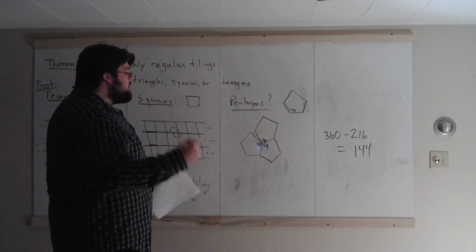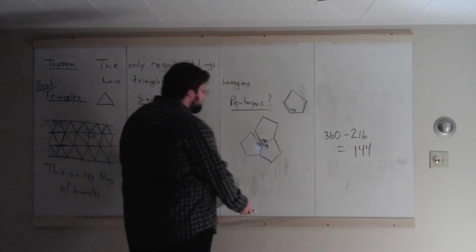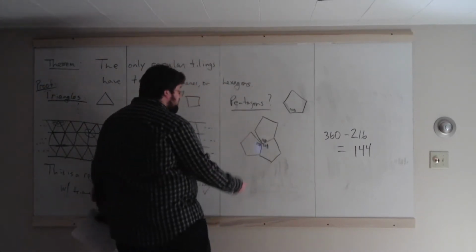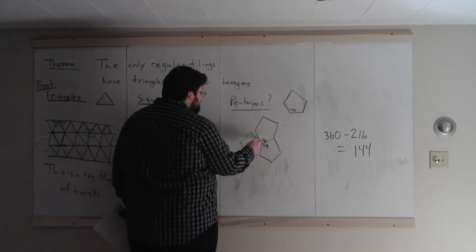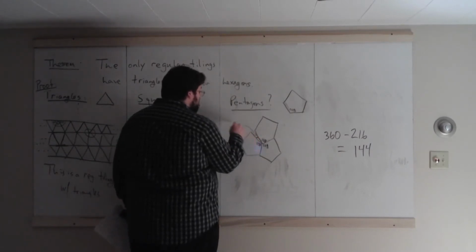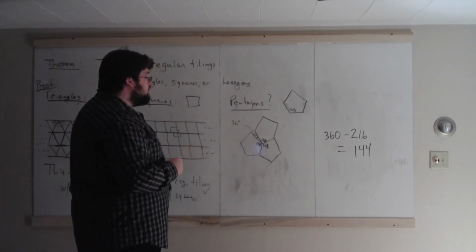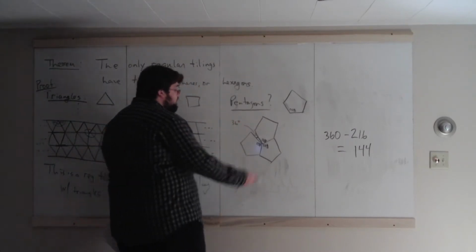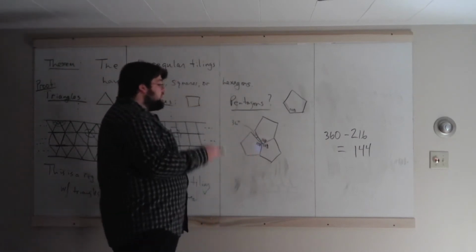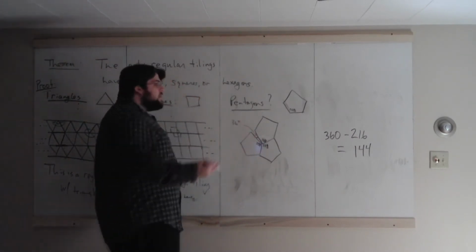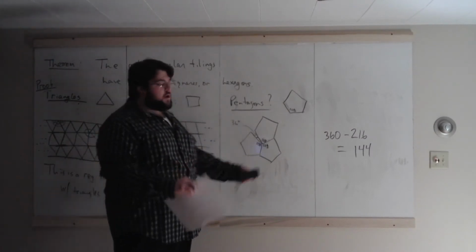And we can fit 3 pentagons like that, despite what the drawing may look like, because we have 3 108s meeting at a point. What is this remaining angle? That remaining angle is 36 degrees. So you can see, if we try to fill it in with pentagons, we're going to have this wedge that we can't fill in. We can't fit another pentagon in there.